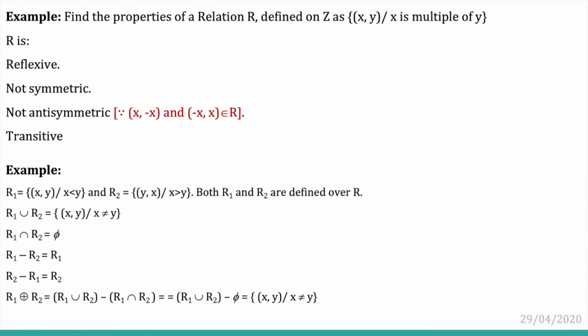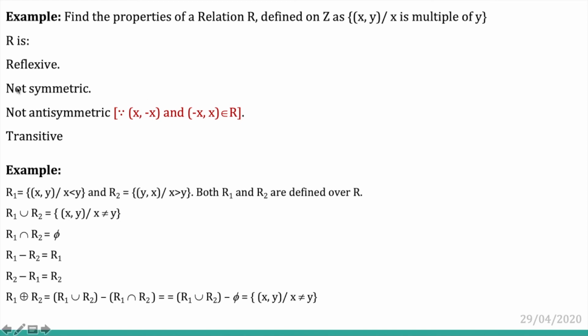Now let's check out another interesting example where we have to find the properties of relation R defined over the set of integers Z, and it contains ordered pairs (x, y) where x is a multiple of y. Obviously this relation is reflexive because whenever x is multiplied by 1, it yields itself. This relation is not symmetric because when x is a multiple of y, that does not imply that y is also a multiple of x.